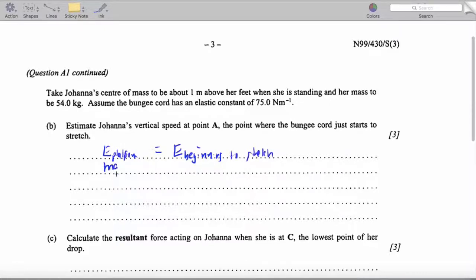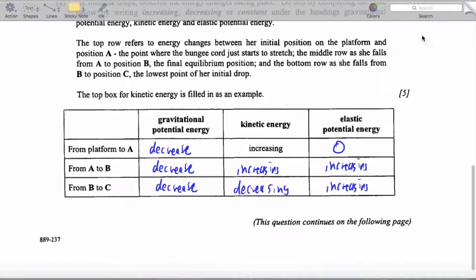We have all gravity, and that becomes all kinetic. So this is all E potential due to gravity, and this is all E kinetic here. So her mass actually cancels. So v equals the square root of 2gh.